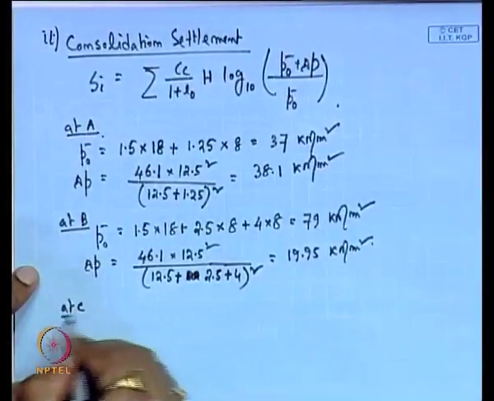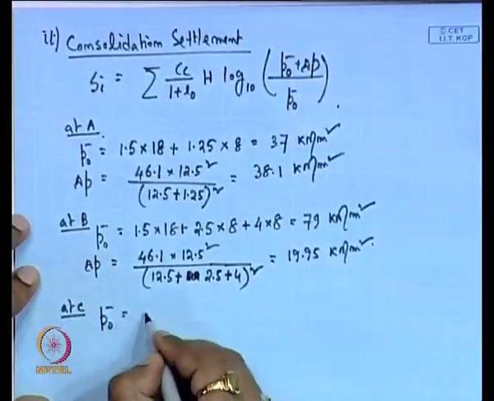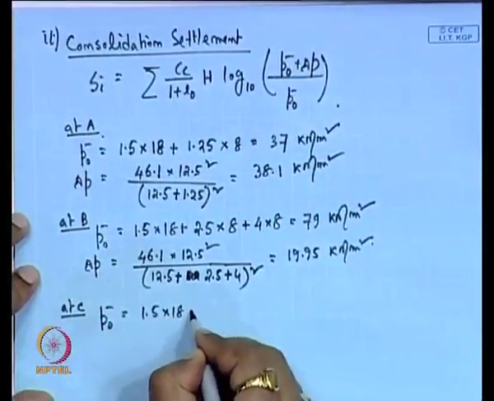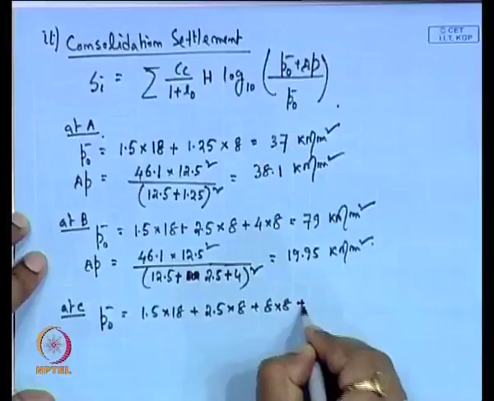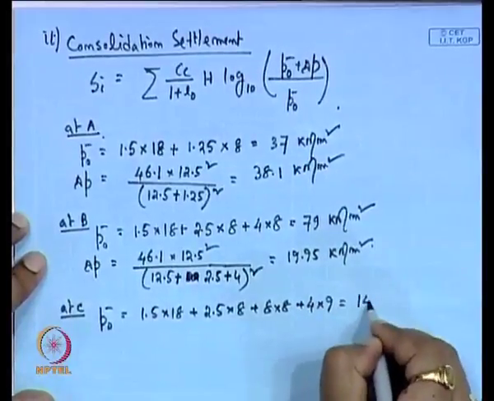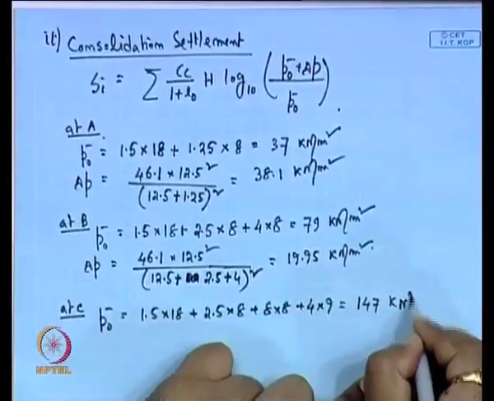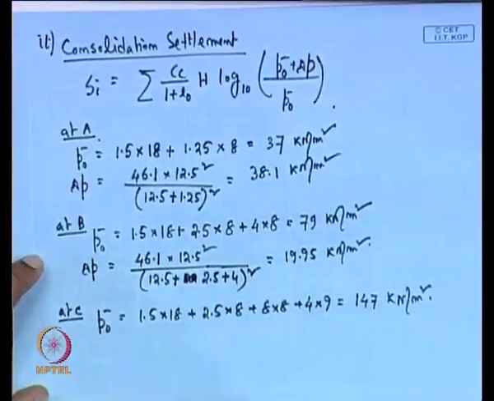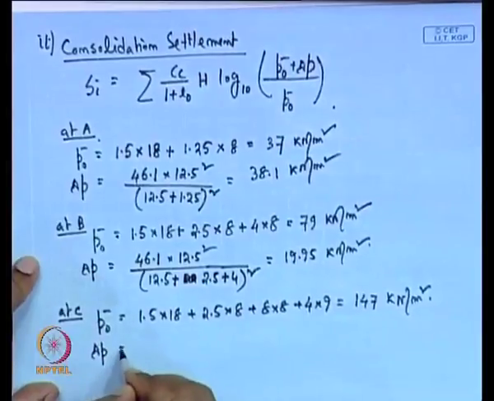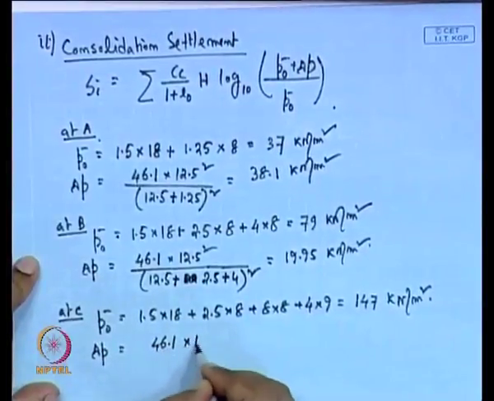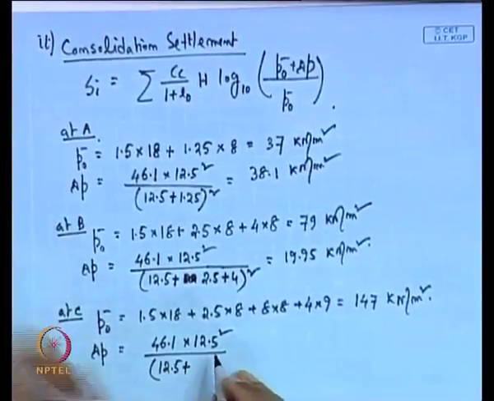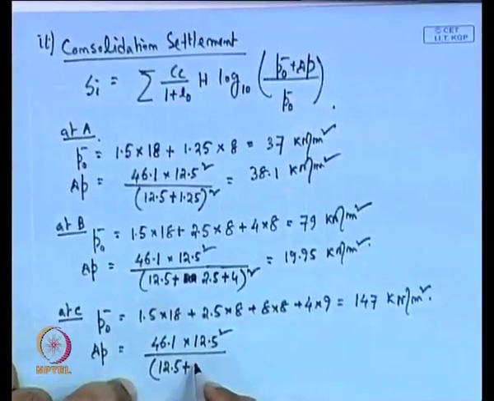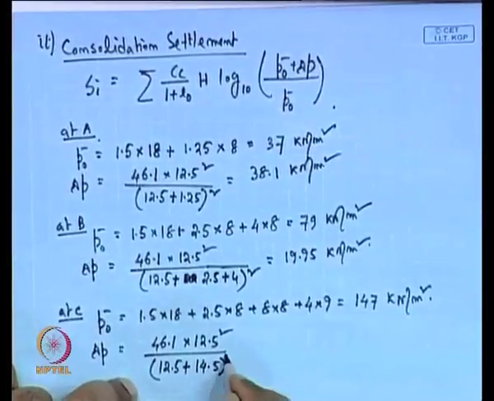Similarly, at C point, P_0 bar is 1.5 into 18 plus 2.5 into 8 plus 8 into 8 plus 4 into 9. So that is 147 kilonewton per meter square. Similarly, del P will be 46.1 into 12.5 square divided by (12.5 plus the depth of this point below the foundation level, 14.5 meter) square.